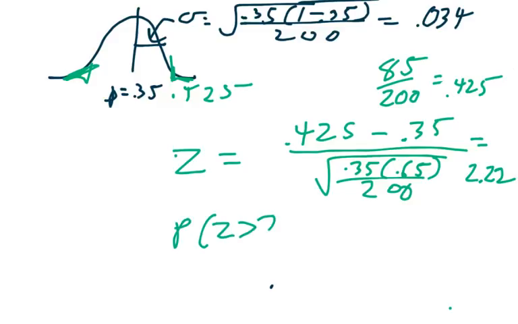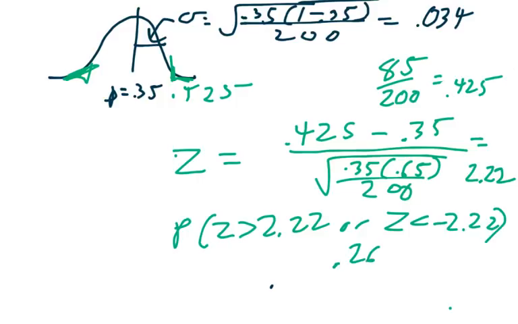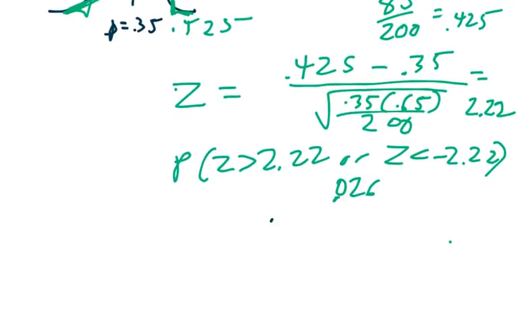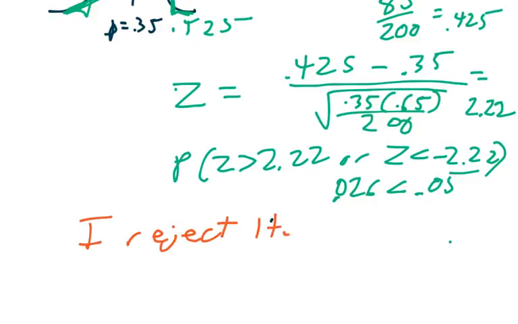The probability Z is greater than 2.22, or Z is less than negative 2.22, because this is two-sided, is 0.026 after I multiply by 2, which is less than 0.05. I reject the null hypothesis.